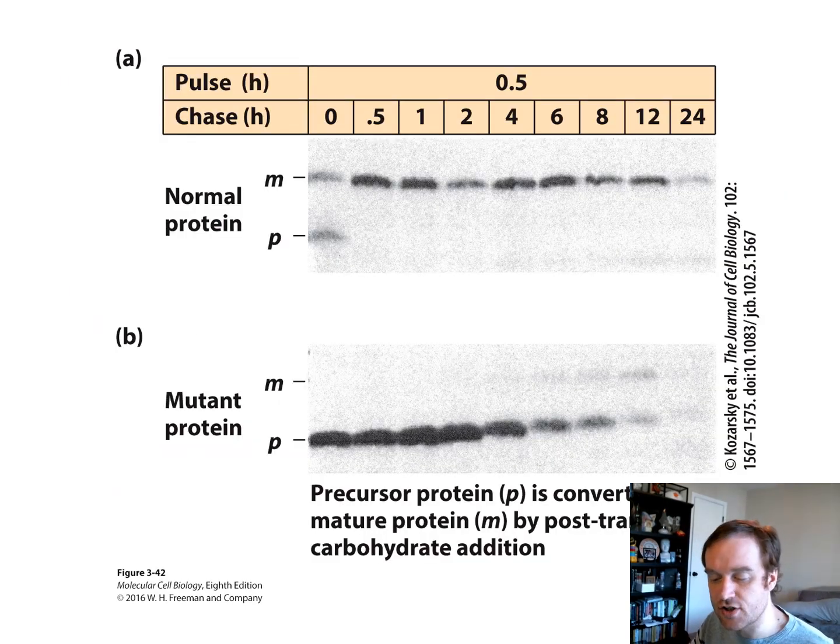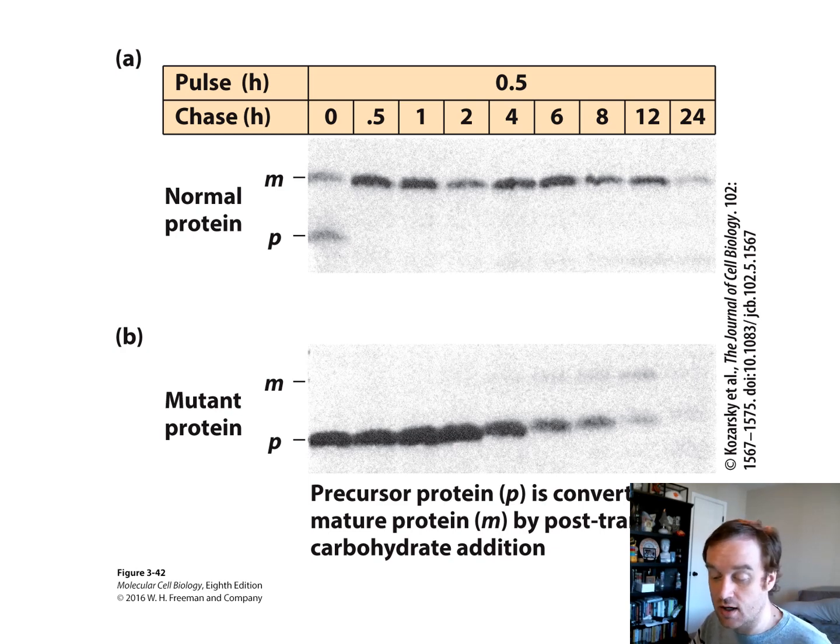So this example is called a pulse chase experiment, and it tracks pathways of a protein as they're modified within the cell. And so this is particularly useful for locating where the protein is, whether it's in the membrane or the nuclear membrane or an organelle, etc., or how it's modified over time.